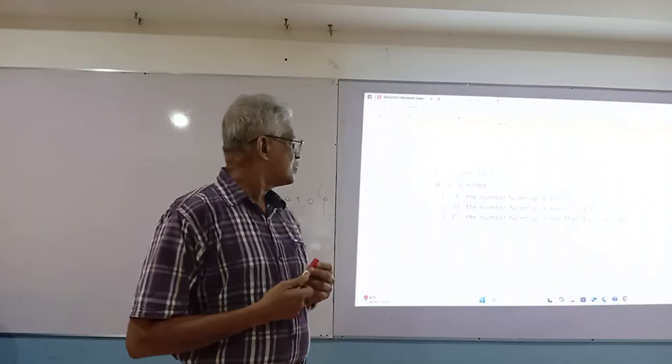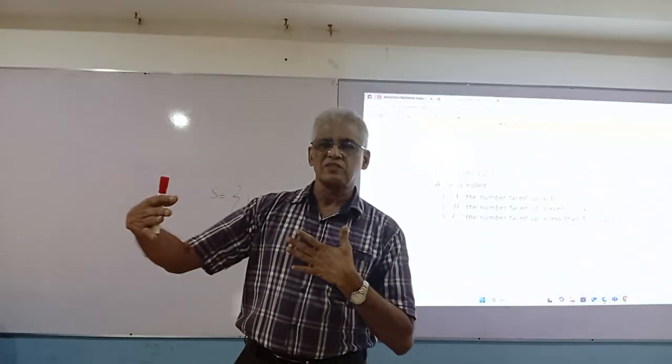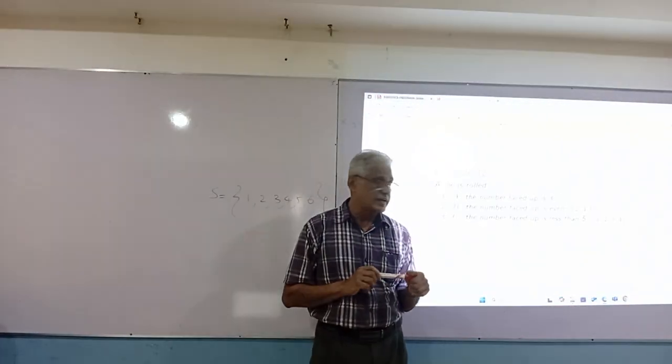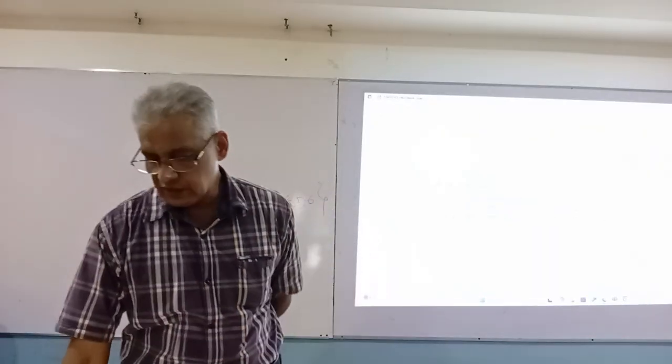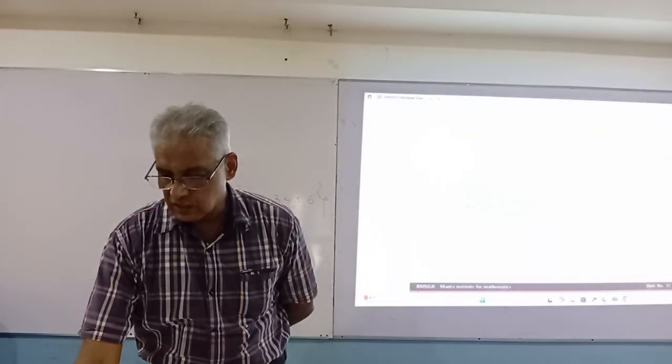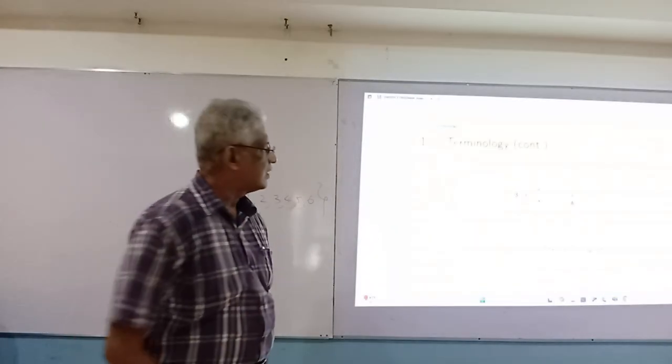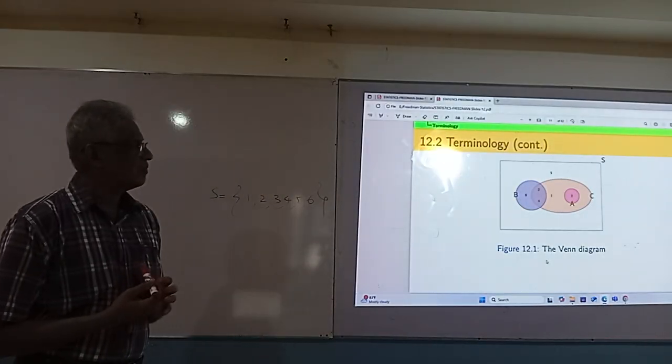You already know, usually in simple settings, we use something called the Venn diagram to show these different sets or events. So for this particular situation, we can use a Venn diagram like this.